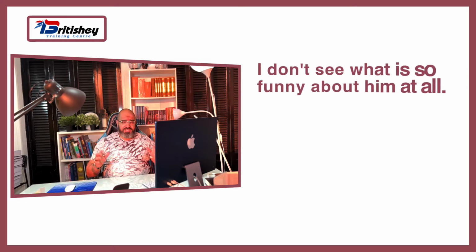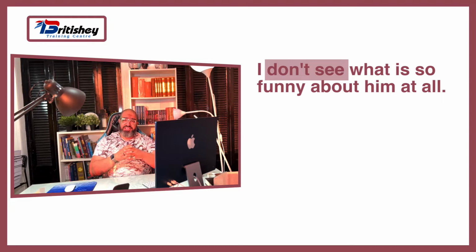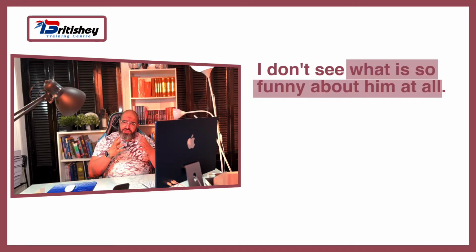Let's see some examples. And as you see here, we've got: I don't see what's so funny about him at all. If we analyze this sentence, we notice that we have I as a subject, don't see as a verb, and then look at this, the object, which is what's so funny about him at all.